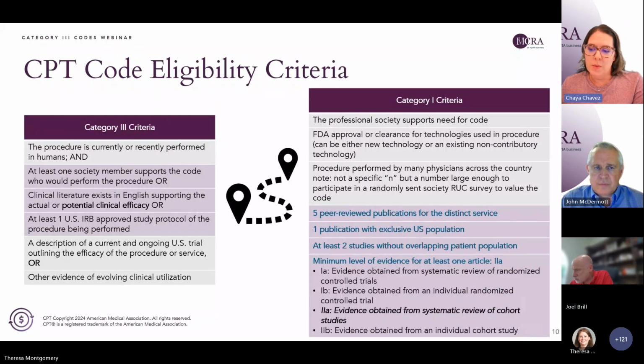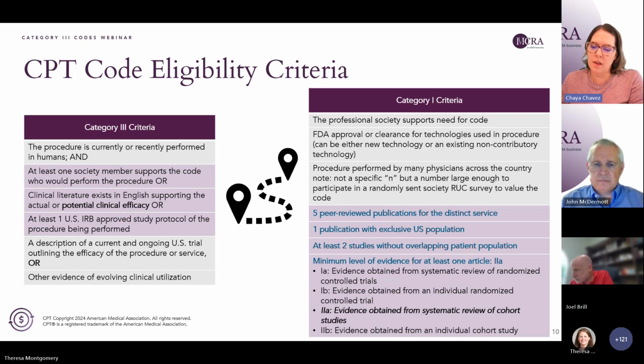So along with widespread use, the evidence that you need to demonstrate is quite extensive. So you need to have 5 peer-reviewed publications for your technology. You also need to have one of those publications with an exclusive US population, and at least 2 of those studies cannot be overlapping with patient populations.